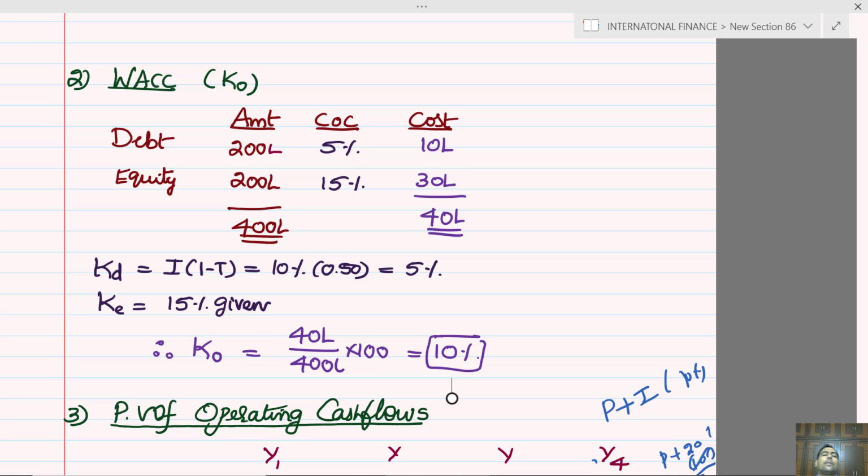Point number two, you are saying that your borrowing cost was 10%. In some cases, companies get money at a much cheaper rate when compared to their normal borrowing cost. For example, I want to start a project in Sri Lanka, or I want to start a project in Pakistan.